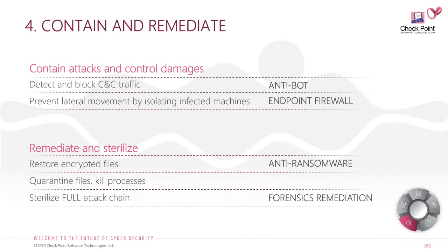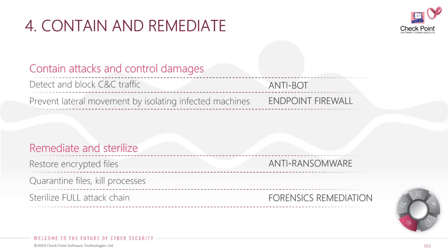So containment and remediate, this is the fourth stage: how we are going to remediate and how we are going to contain the attack. First, detect and block CNC traffic. After the malicious payload is loaded into your endpoint, at last it will try to communicate to the hacker network through CNC.